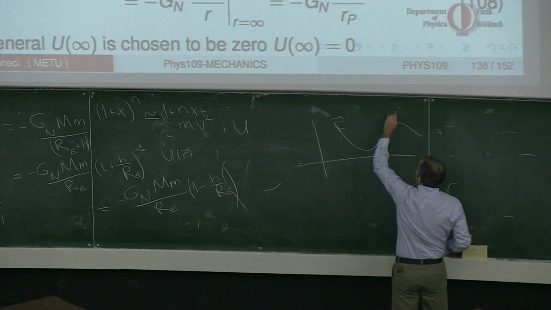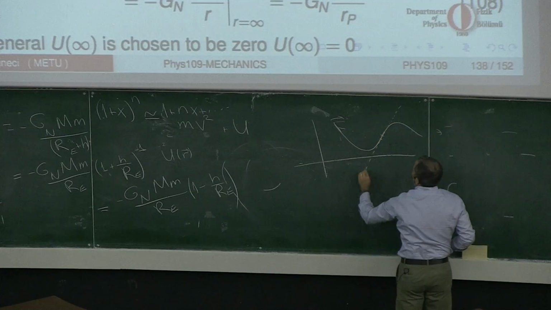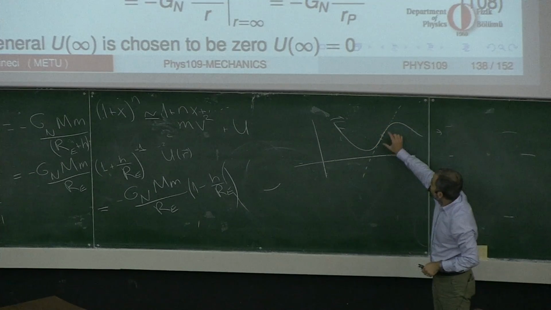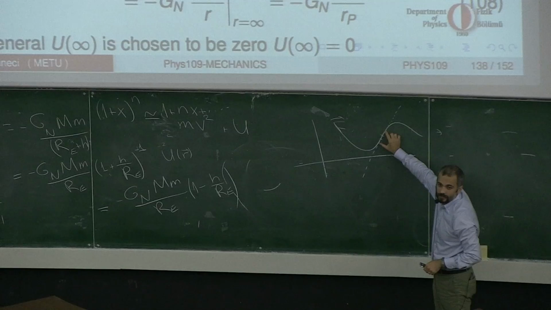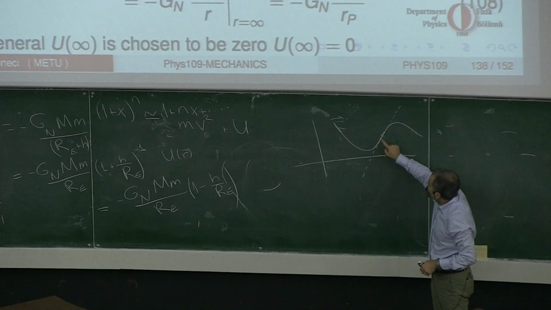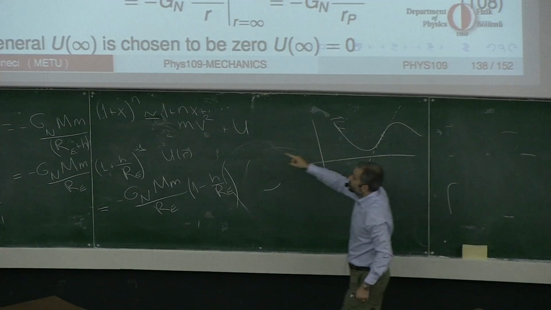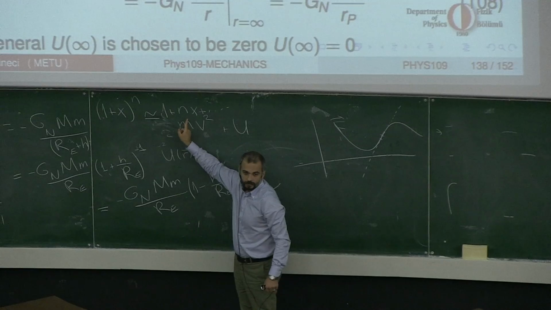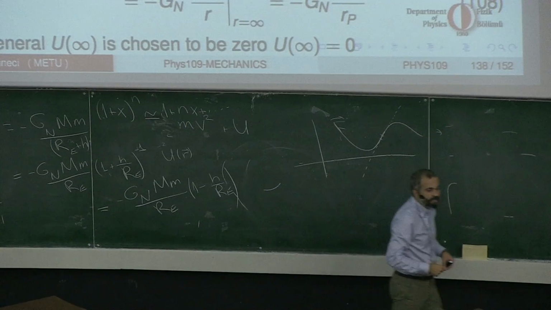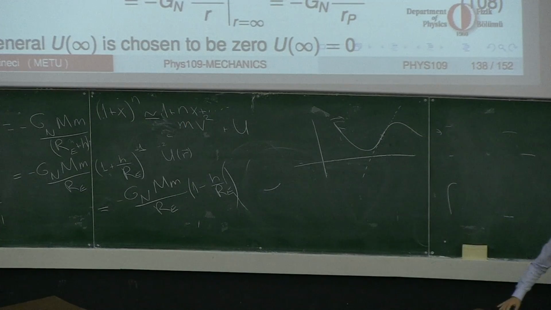If I consider this line, my function and the line overlap in this region. So I can predict the value at this point by looking at the value along this line. This is the first-order linear approximation. It is valid for very small x's.